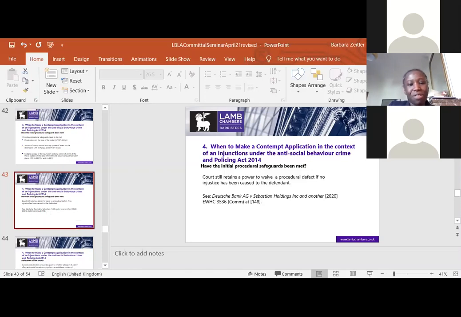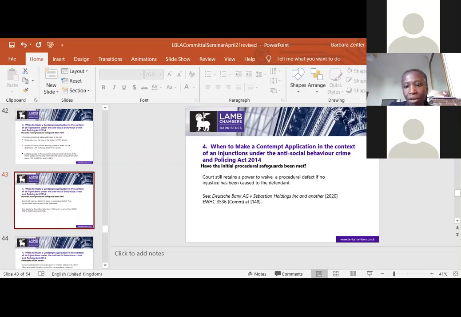In that scenario, under the old rules, the practice direction provided a safeguard whereby the court retained discretion to remedy a defect in terms of any kind of procedural error. However, as Barbara mentioned, the practice direction has been revoked and has not been replaced.